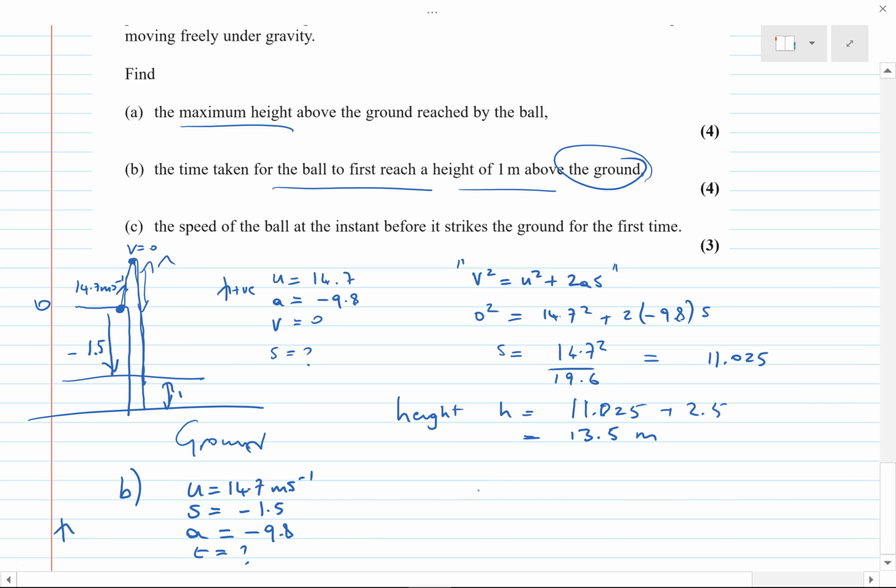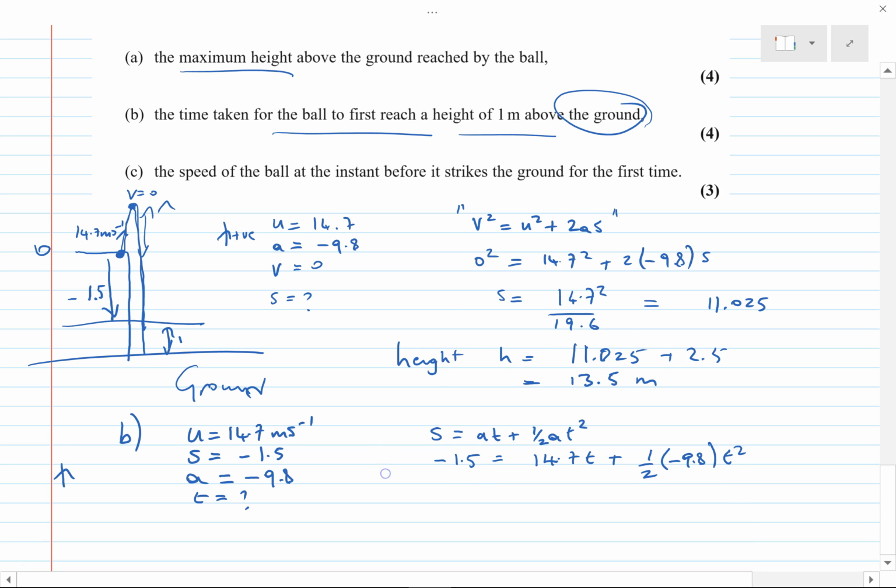So if we put that into s is equal to ut plus half at squared, we have minus 1.5 is equal to 14.7t plus a half times minus 9.8 t squared. Simplifying it so we can use the formula: 4.9 t squared minus 14.7t minus 1.5 equals 0.